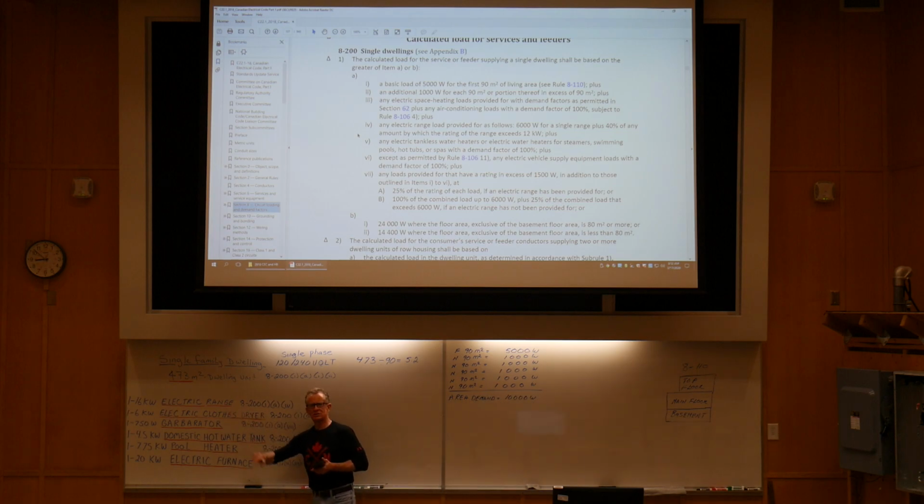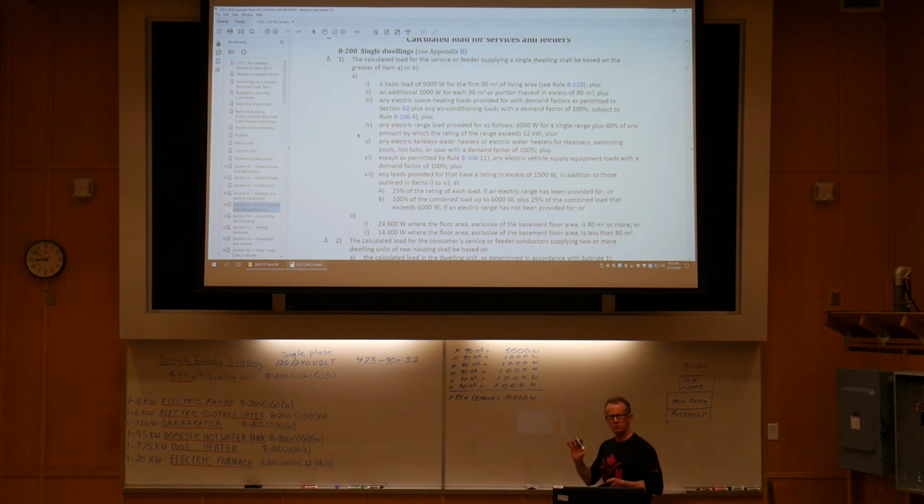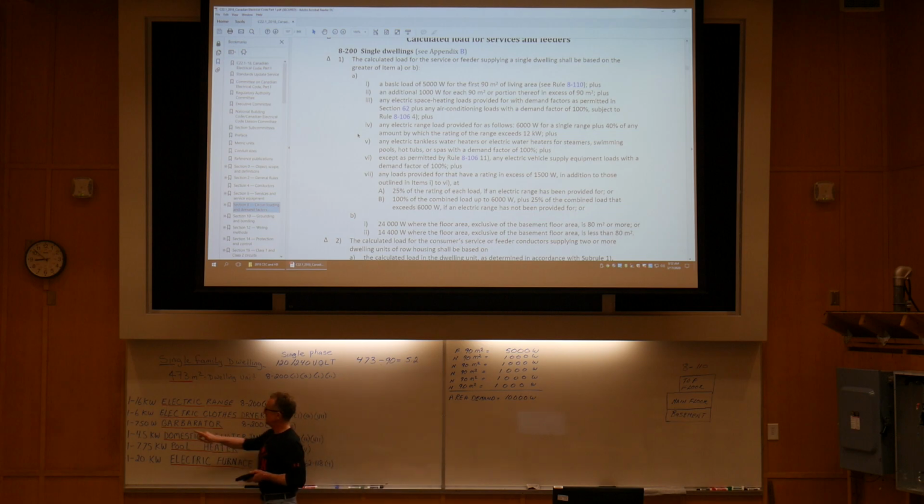Tackle the range. It says there, you must put in, even though the rating of the range is 16 kilowatts, it goes into the service at 6,000 plus 40% of the amount that exceeds 12 kilowatts. So write it out.